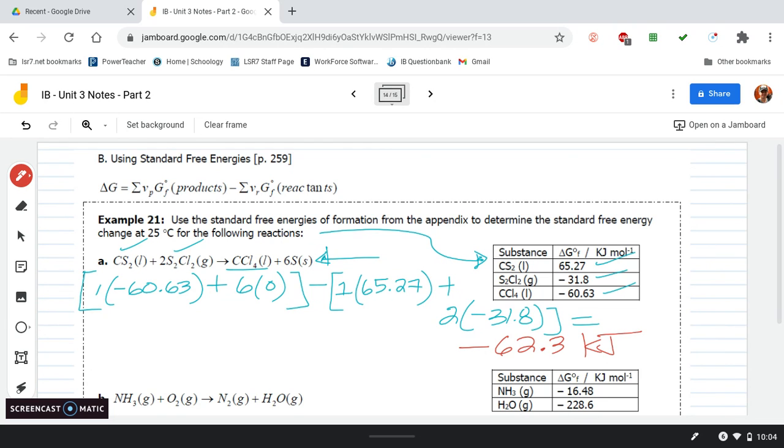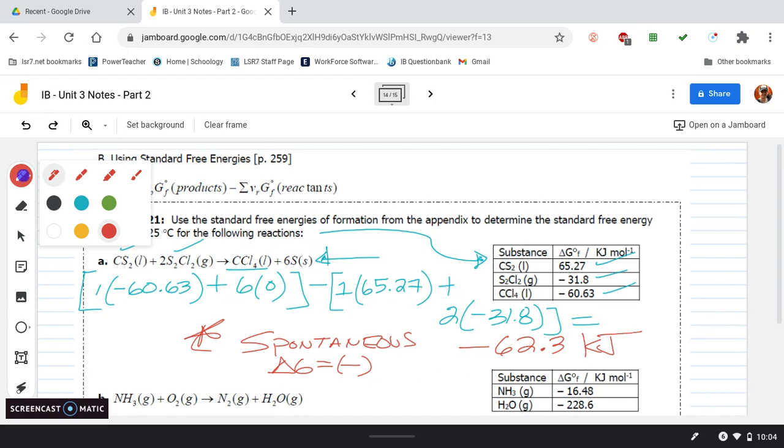So negative 62.3, which we would say is spontaneous, because delta G is negative. Okay, so there is your answer. This is something I think you guys should be able to handle. It is not particularly difficult.